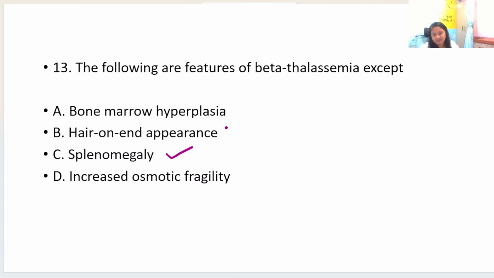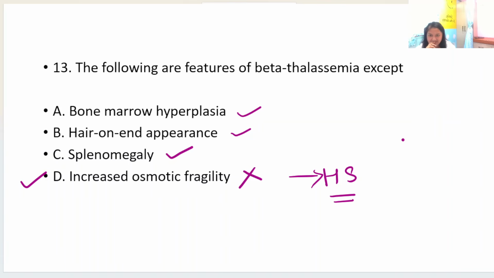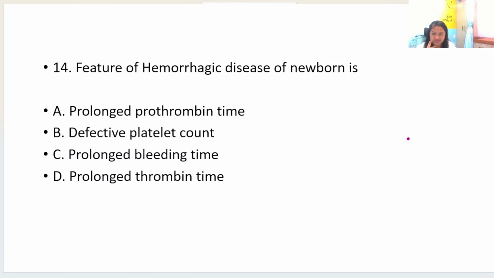There is hair on end appearance and bone marrow hyperplasia, both in beta thalassemia, right? Due to ineffective erythropoiesis. Increased osmotic fragility is not a feature of beta thalassemia, it is a feature of hereditary spherocytosis, right? So all the others are present in beta thal except increased osmotic fragility.